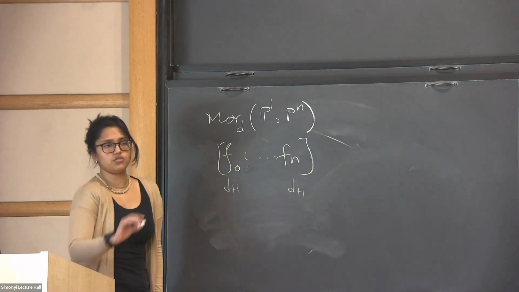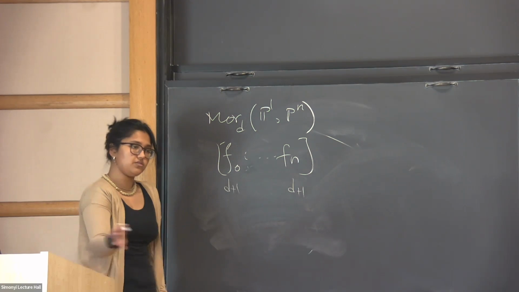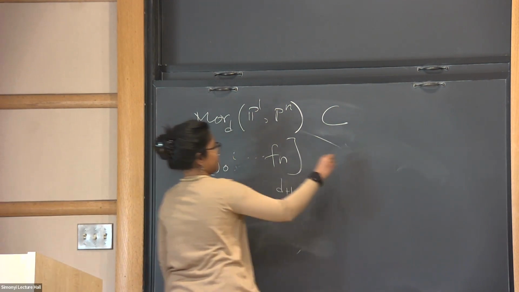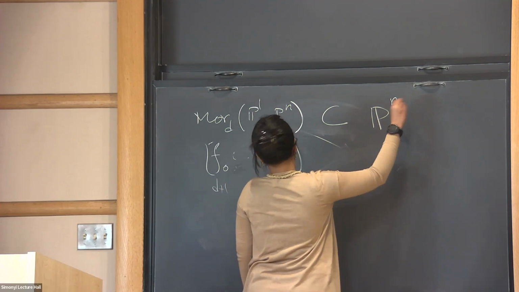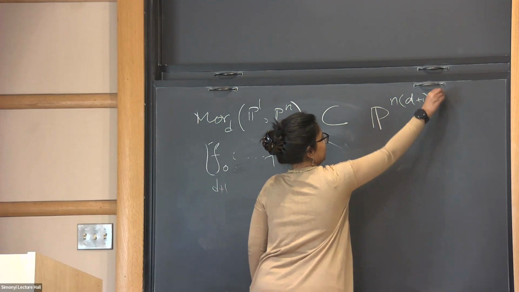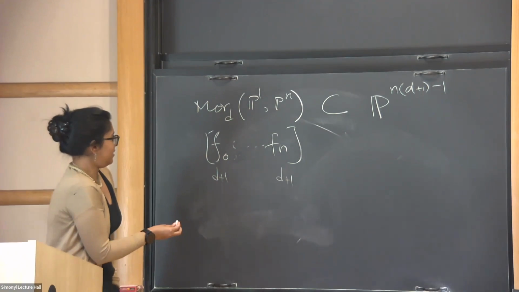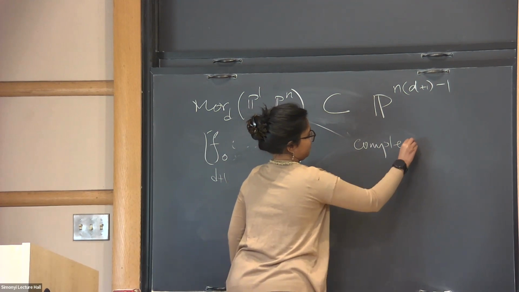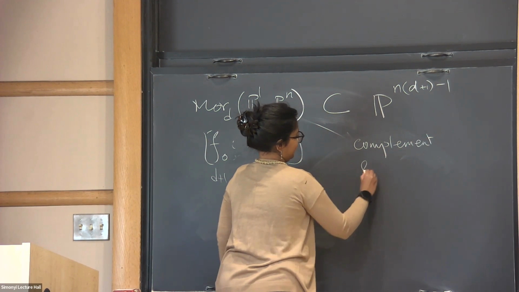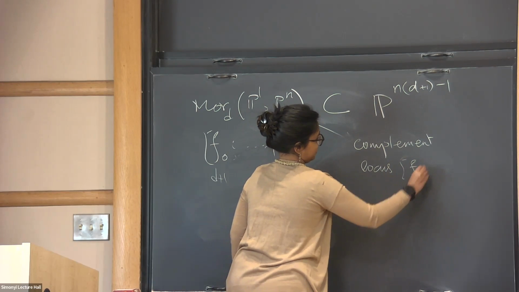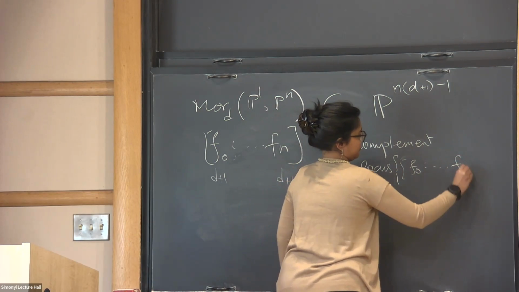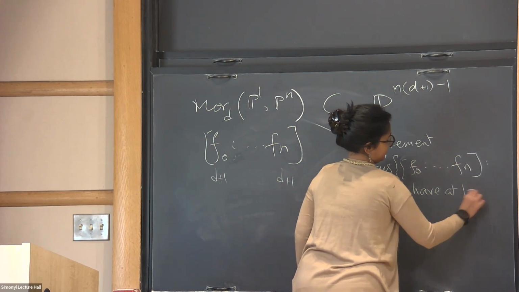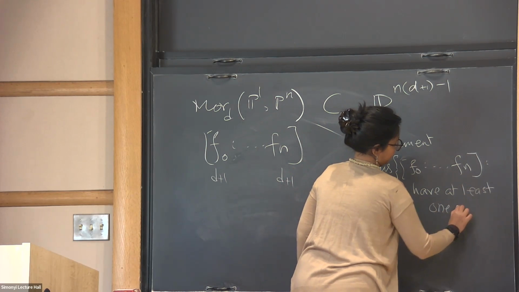So if there was no condition on the zeros, like having common zeros or not, this would be contained in this big projective space of dimension, what? This, where the complement is precisely the locus of these tuples such that they do have at least one common zero.